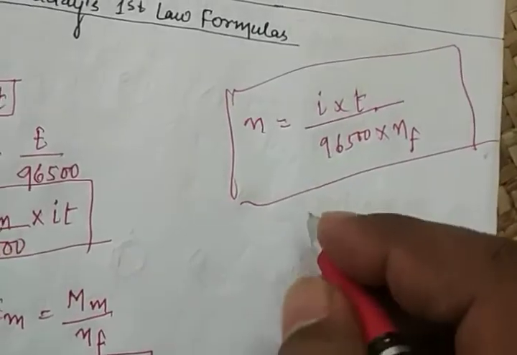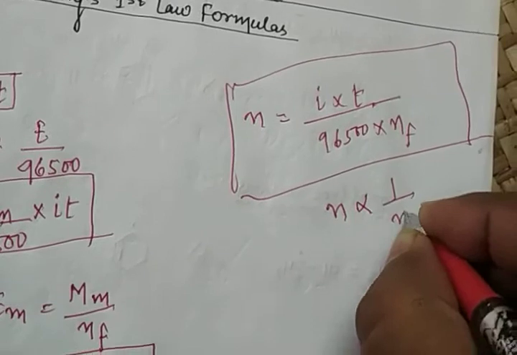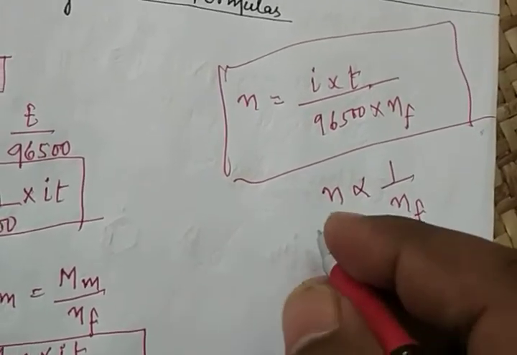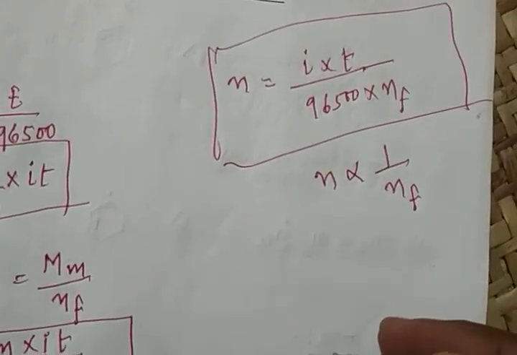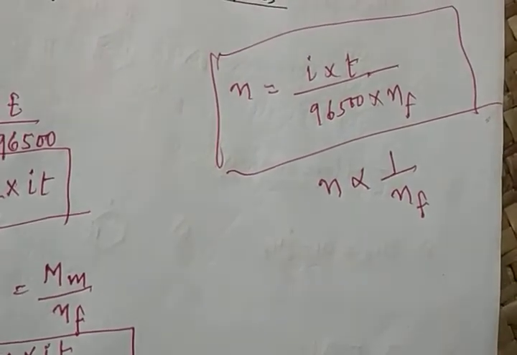Clear? Now in this case, number of moles is inversely proportional to n factor. Suppose you have a chemical reaction with an anode and cathode reaction.